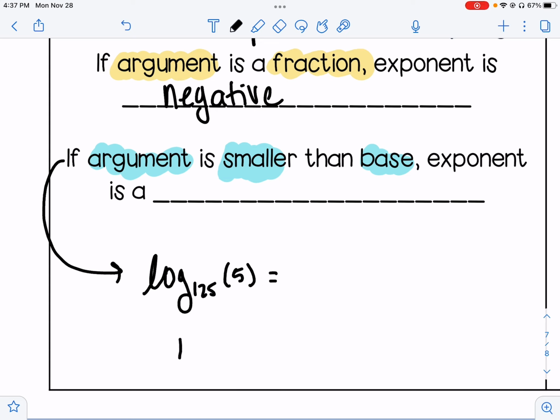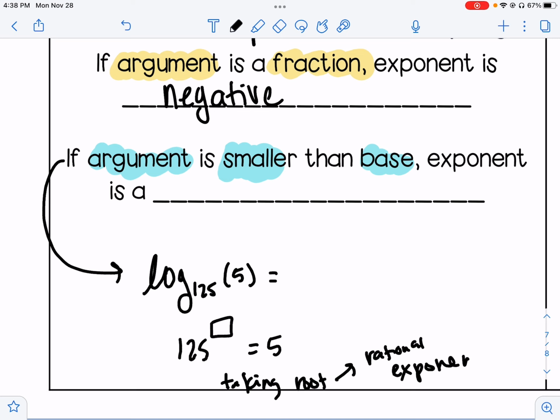So here we said 125 to the what power is equal to 5? Well, we know that if this is the case, if we're becoming smaller, we're really taking a root. And to take a root, we're using a rational exponent. And rational is just a really fancy way of saying your exponent is a fraction.